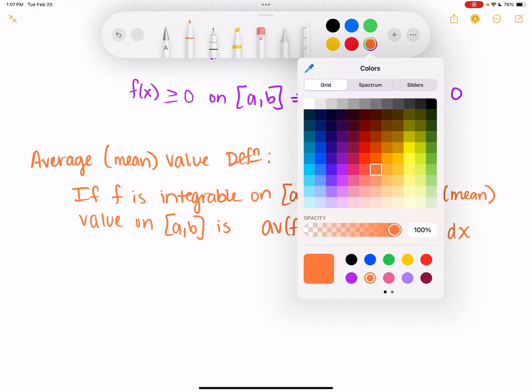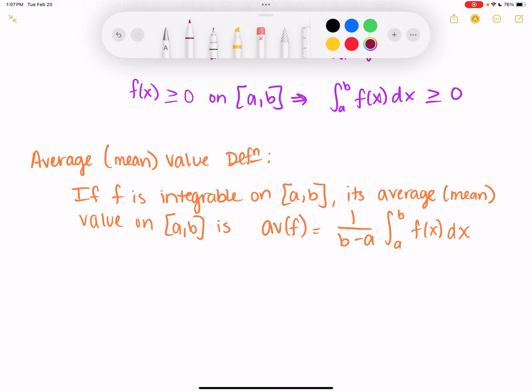You said AV of f is average of f? Yeah. The average value.